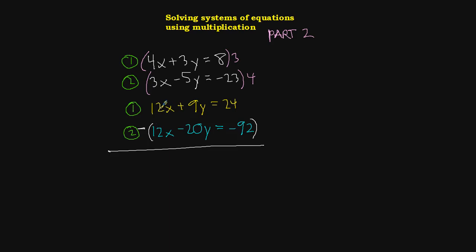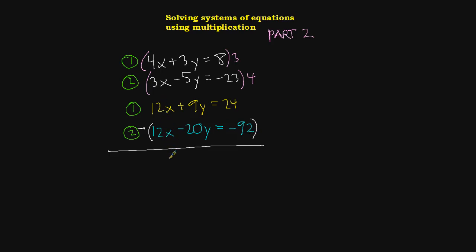So it has to be 12x minus 12x, and it has to be 9y minus negative 20y. It's not 9y minus 20y, it's 9y minus negative 20y. So we put the negative sign there to remind us. And then 24 minus negative 92. If you have a calculator, it makes it a lot easier to get it right.